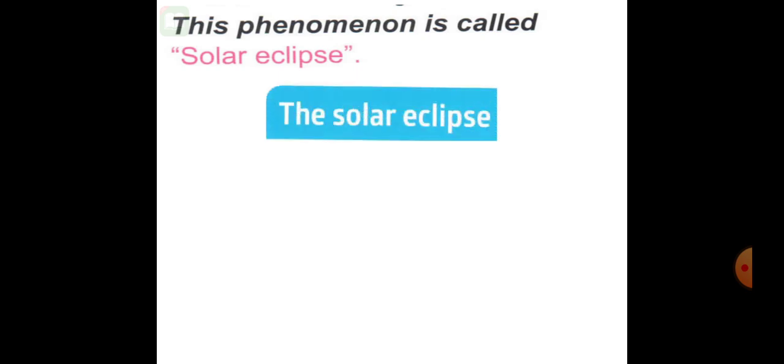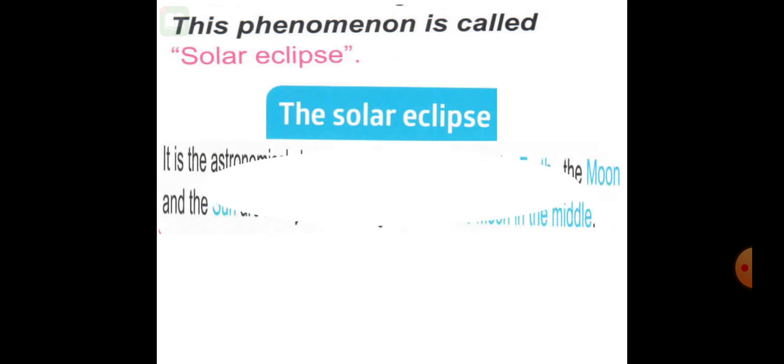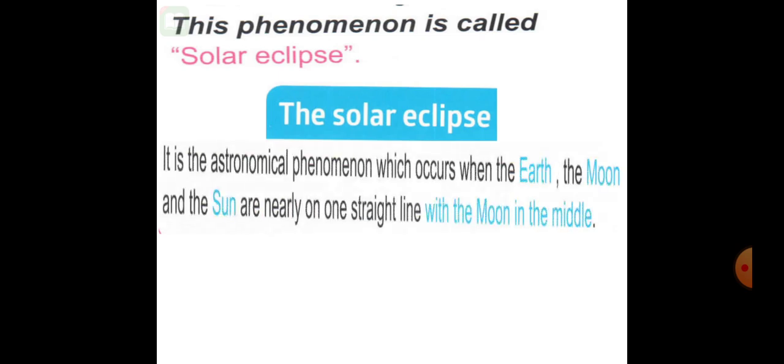This phenomenon is called solar eclipse. So, what is the solar eclipse? It's an astronomical phenomenon. Astronomical means something related with the sky, with space.